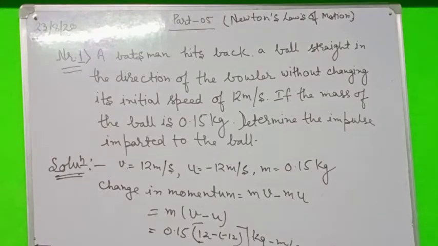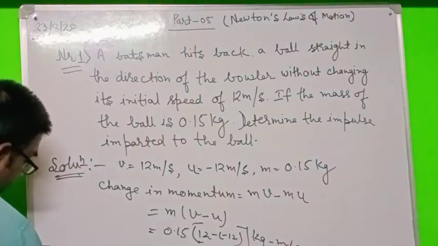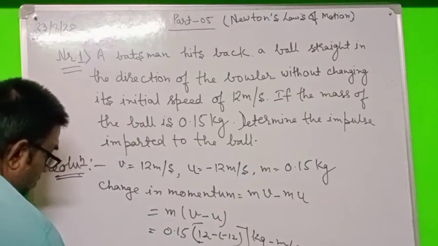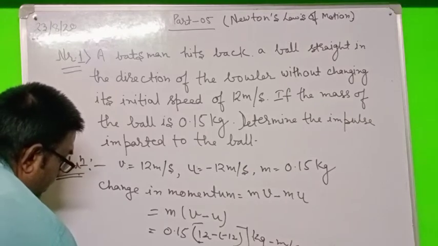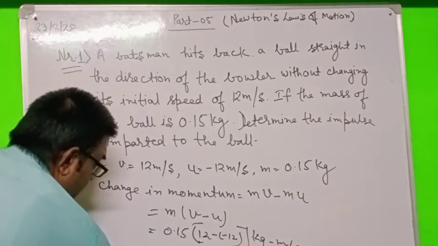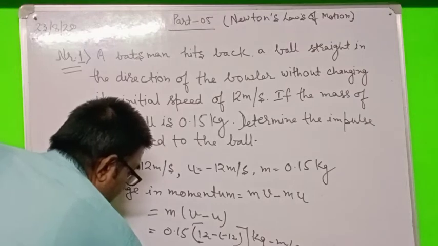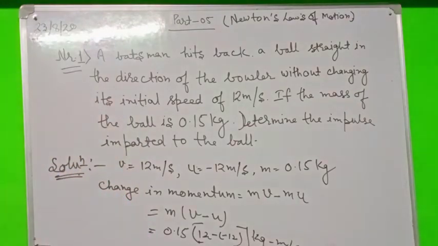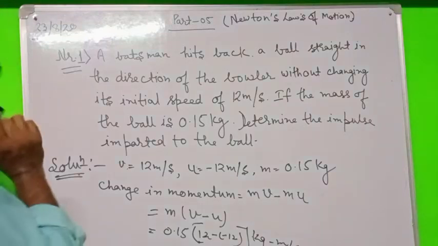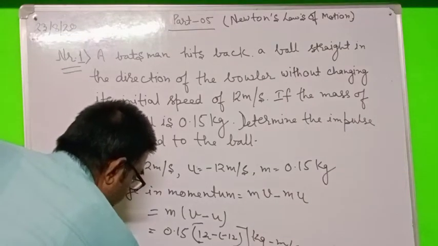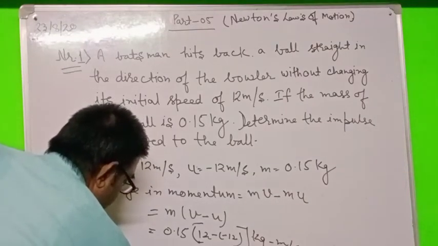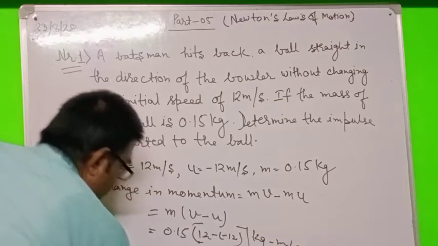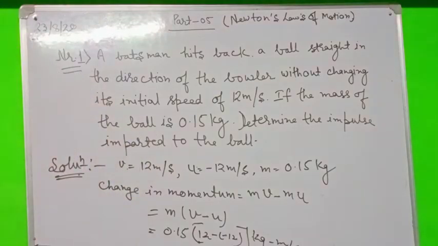So del P, that is P2 minus P1, is equal to 3.60 kg meter per second.